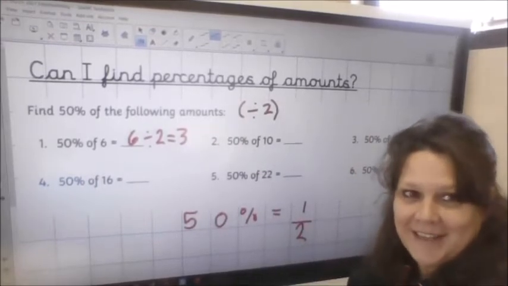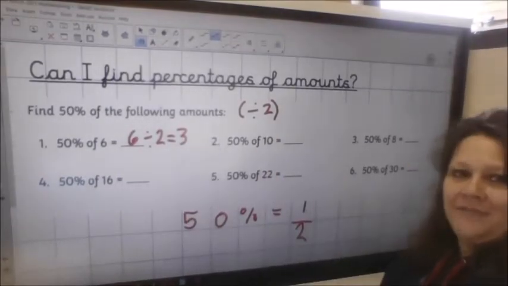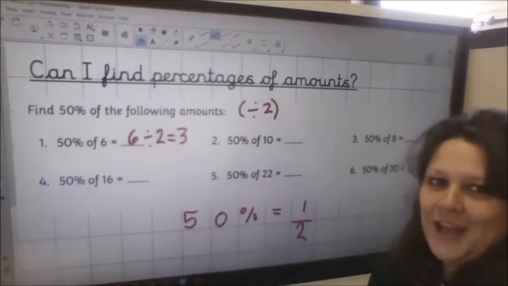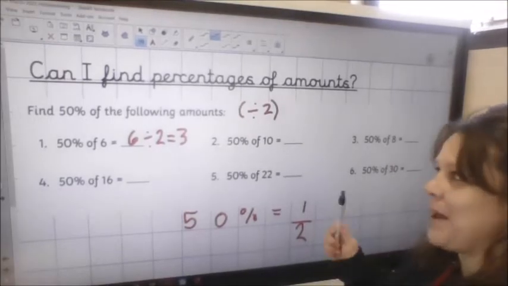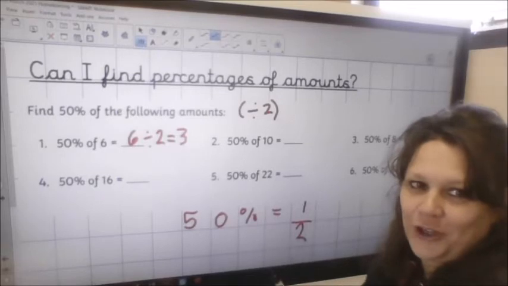How easy is that? You have got 5 more 50% to have a go at. Remember, 50% means divide by 2.